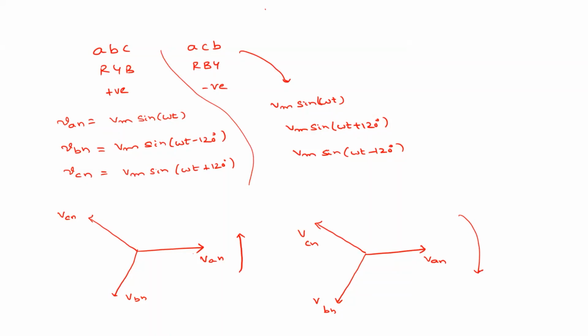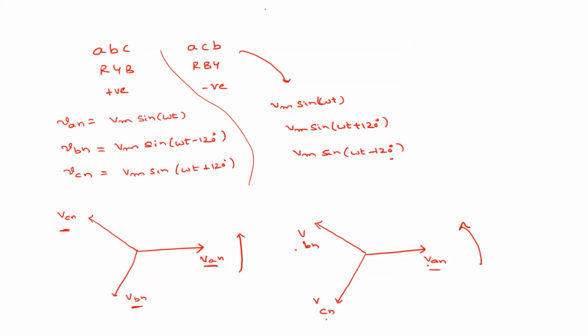Okay. So if we assume that this is VAN, VBN, VCN, this is the direction of rotation. So this is VAN followed by VCN, with minus 120 degrees, and again plus 120 degrees. So this is a way to represent it. Or this also can be represented in the same direction, so now it will be VBN and this is VCN.